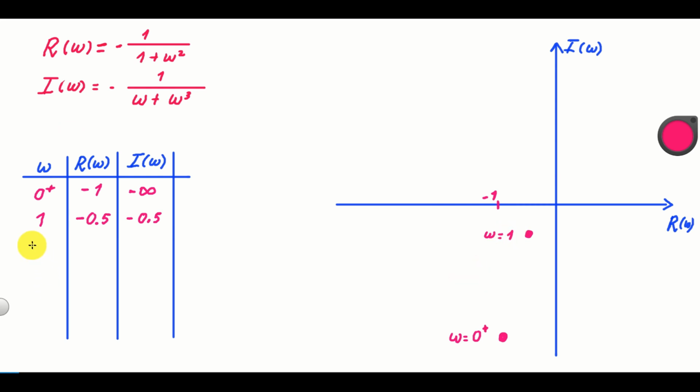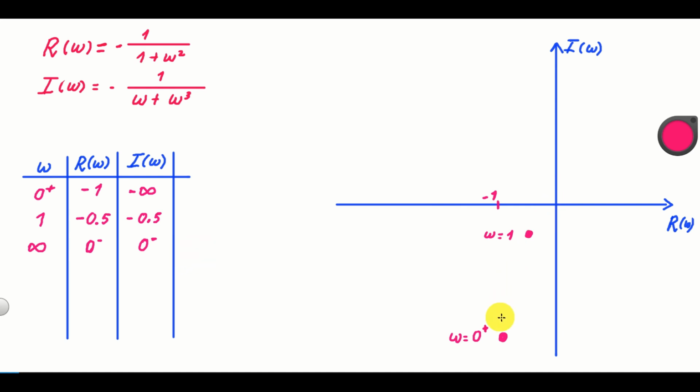So let's select the next point at infinity. The real part is obviously 0 minus, and the imaginary part is 0 minus. However, by analyzing these two expressions, we can observe that for very large values of omega, this term in the denominator of our imaginary part will be much larger than the corresponding term in the denominator of the real part. And this is the case for large values of omega.